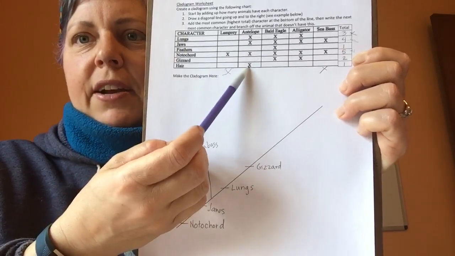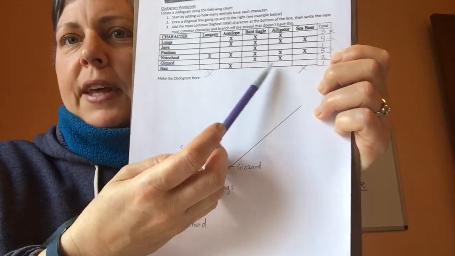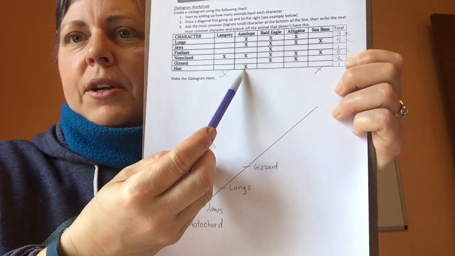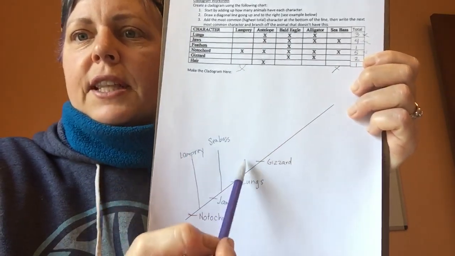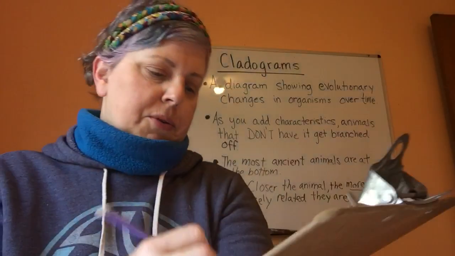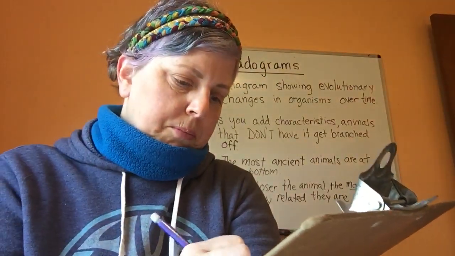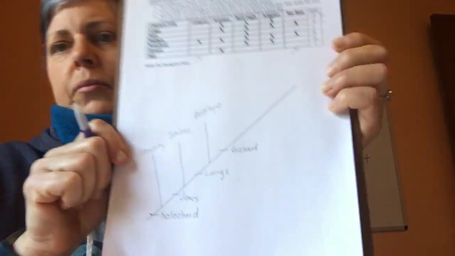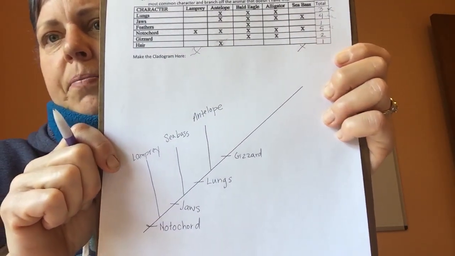Okay, yes, he has hair, but he's the only one that has hair. So we're not going to worry too much about this hair right now. We are going to get rid of the antelope right here. And if we want, we can add this hair to his line only. Let me show you how you do that. So here's our antelope.